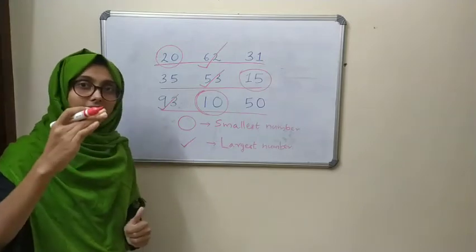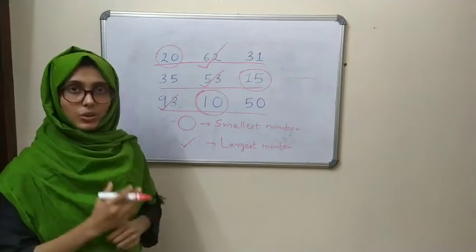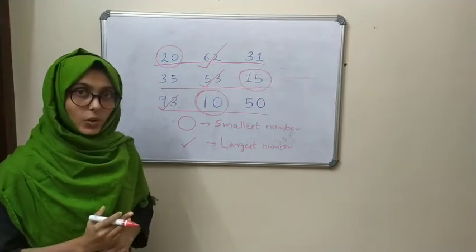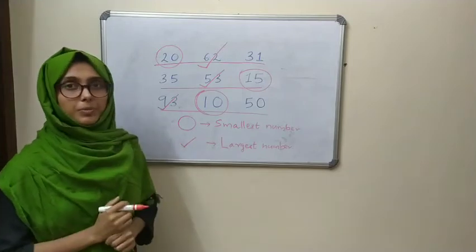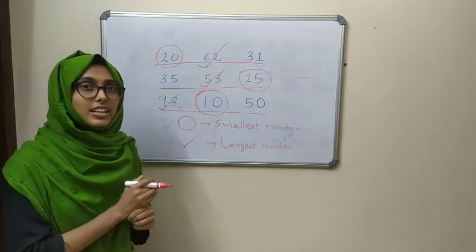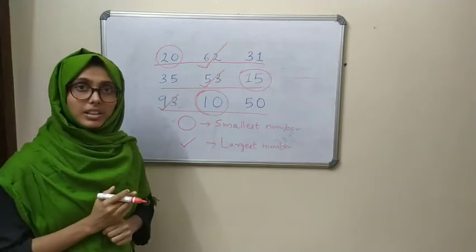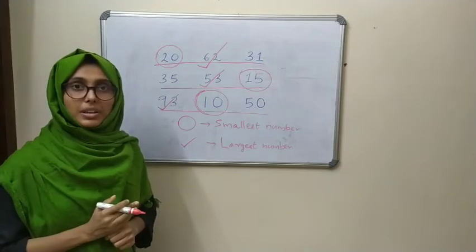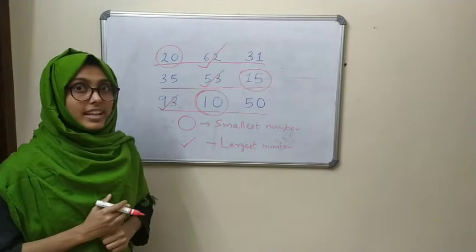Then again the larger. So like that you will write. It is the ascending order. In the descending order, you will first write the largest number and then you will write the number which is smaller than that number, again smaller than that number. Okay.